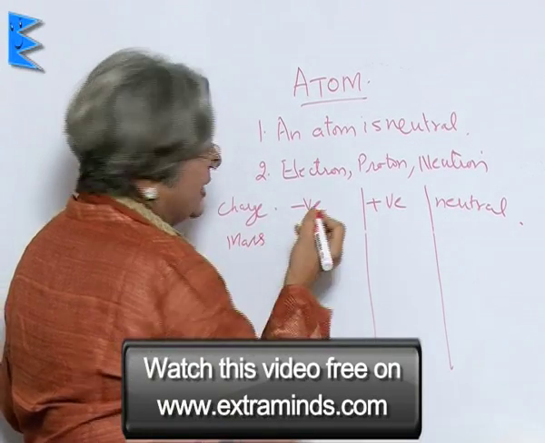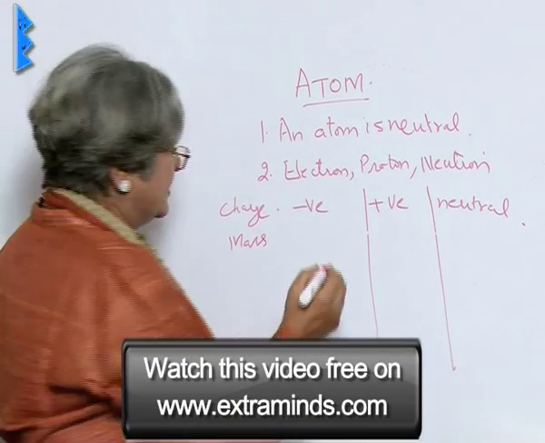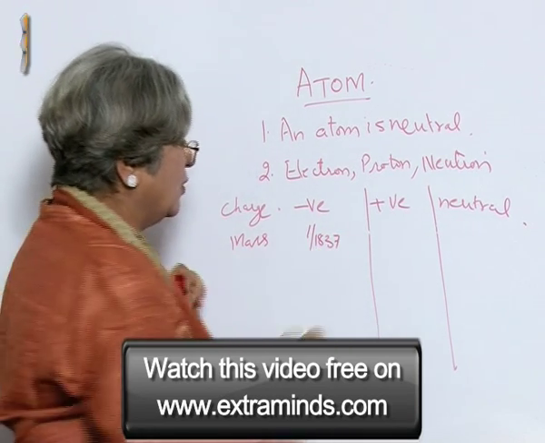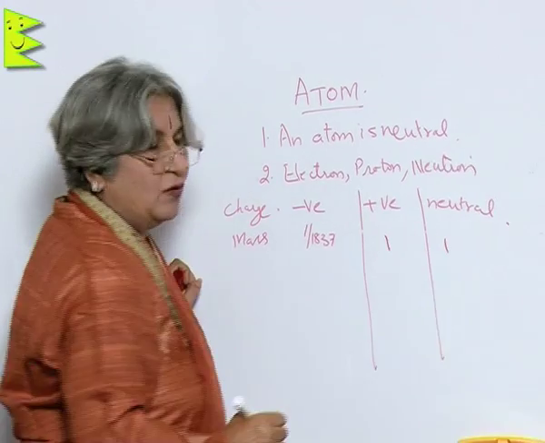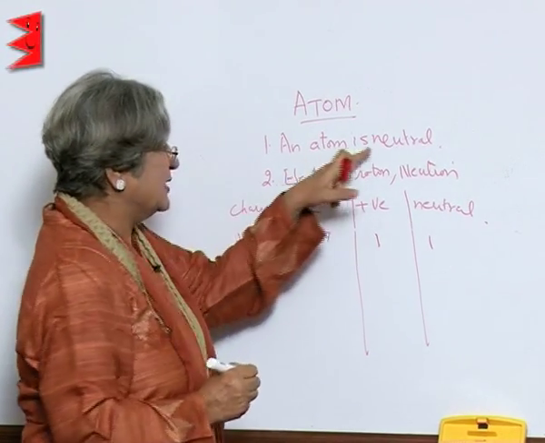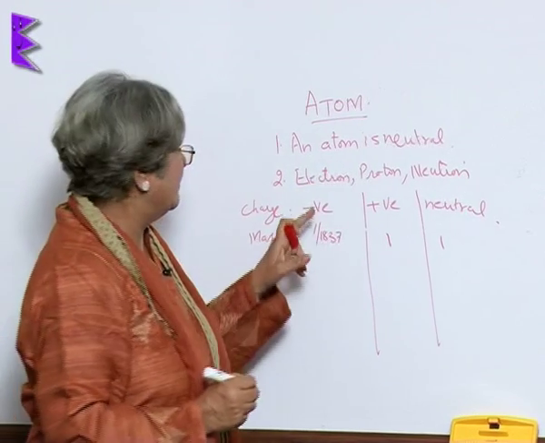Mass, electron has almost negligible mass, 1 by 1837. Proton 1, neutron 1.